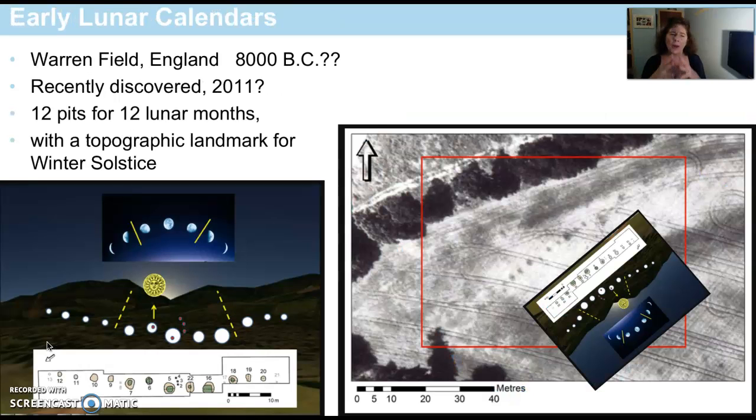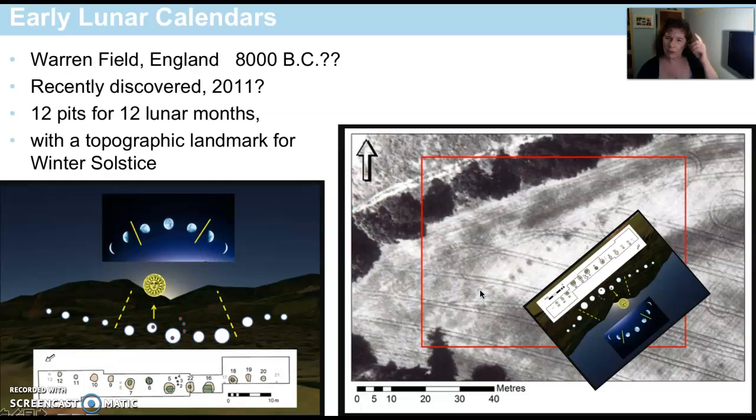And I wanted to explain to you that the lunar calendars go back very far. In fact, I believe in 2011, one of the first lunar calendars was found in the north of England, a place called Warren Field. There was an air sighting during a drought of these 12 pits that you see here.